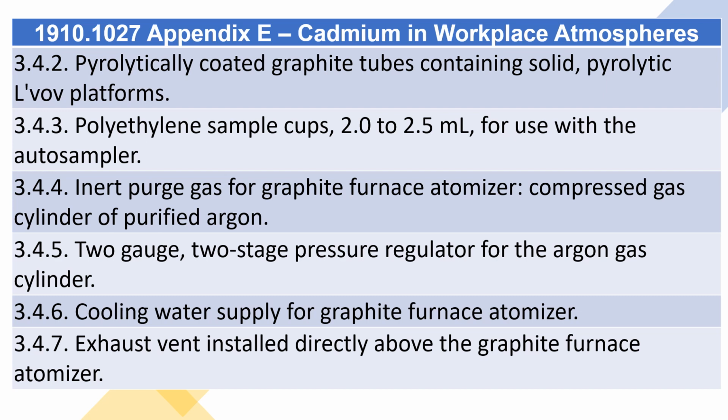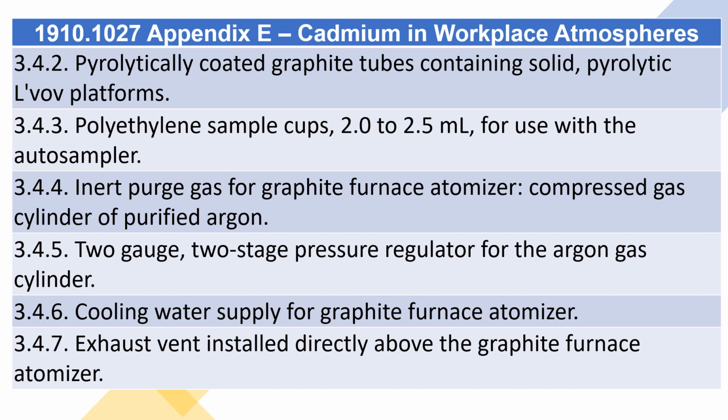Polyethylene sample cups, 2.0 to 2.5 milliliters, for use with the autosampler. 3.4.4. Inert purge gas for graphite furnace atomizer, compressed gas cylinder of purified argon. 3.4.5. 2-gauge, 2-stage pressure regulator for the argon gas cylinder. 3.4.6. Cooling water supply for graphite furnace atomizer.